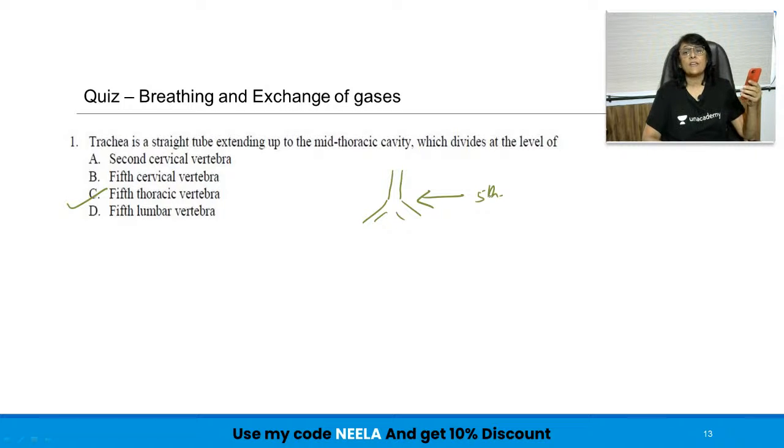No, 7 are cervical. So we have 7 cervical, that is in the neck region, 12 thoracic, then 5 lumbar. This I'm sure you have done in the skeletal system. Right in front of the fifth thoracic vertebra, the trachea divides into 2 branches.